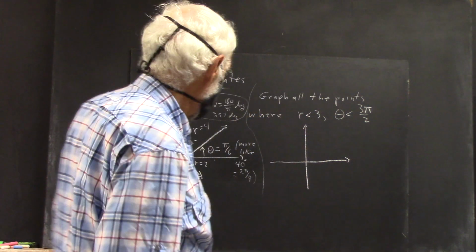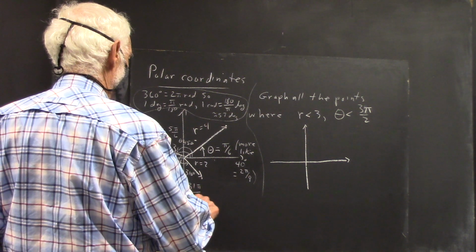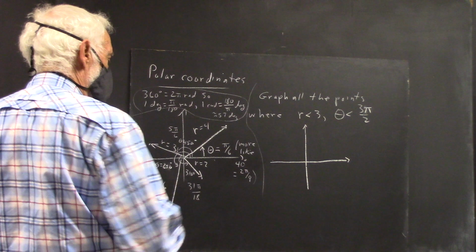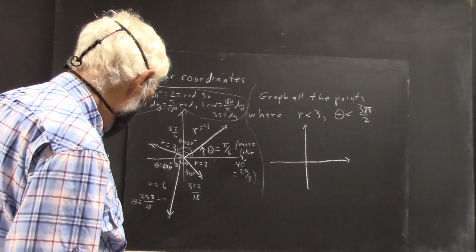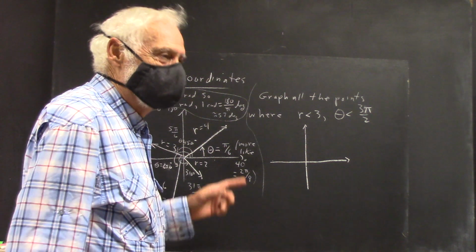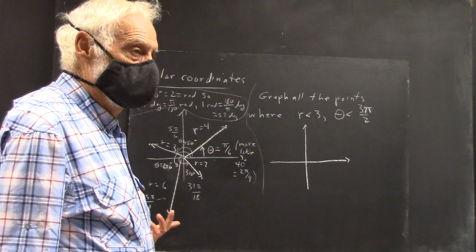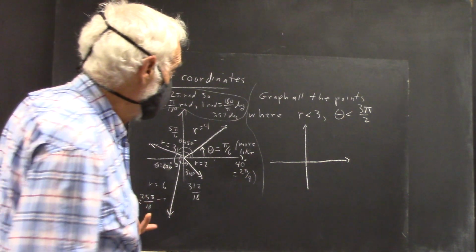So that's 31 pi over 18. Looks like it's gonna be a good day. Okay, got it? So we have to have that feeling, we have to have that intuition.